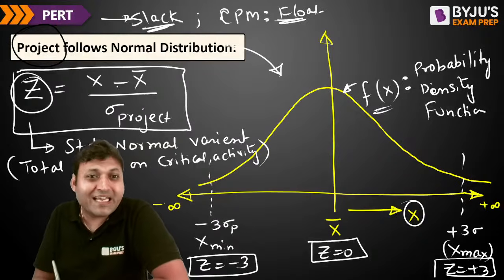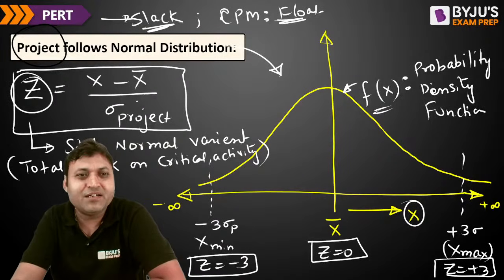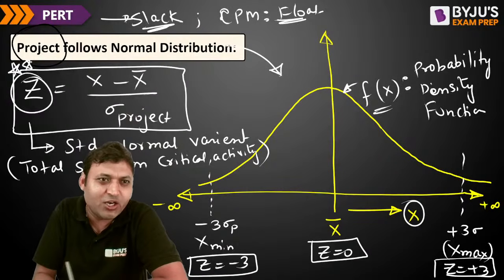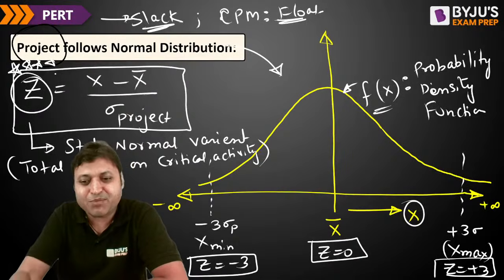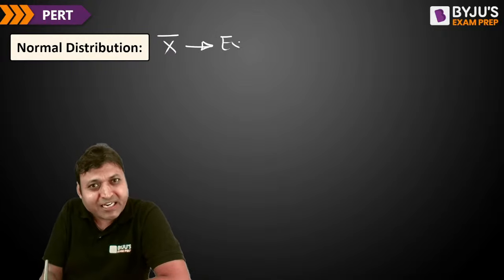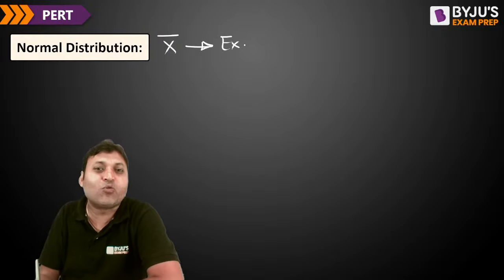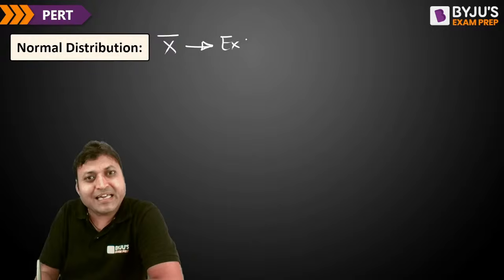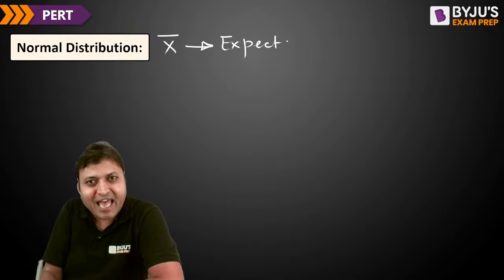Now, what is x bar here? This is a very, very important formula in normal distribution. X bar in this expression represents the expected project completion time, which we can calculate by using the critical path.